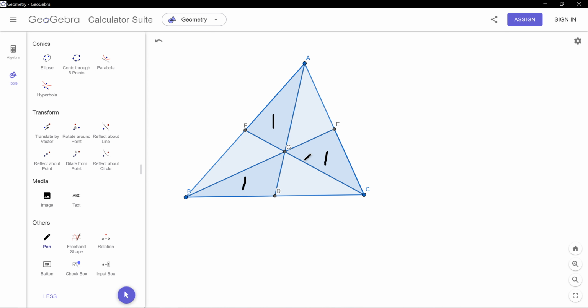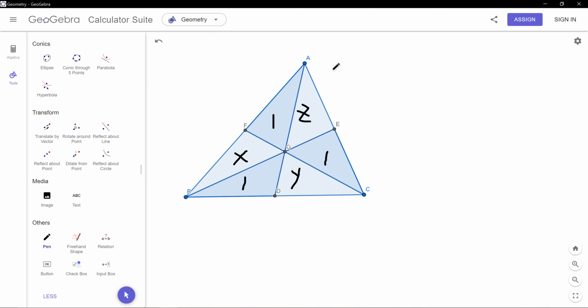Then assume the area of triangle BFG is x, the area of triangle CDG is y, and the area of triangle AEG is z.